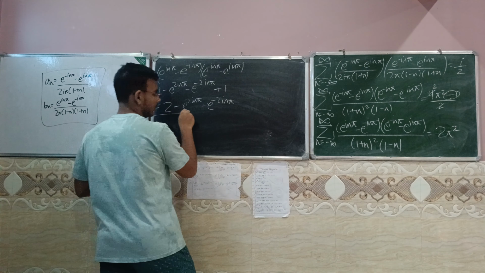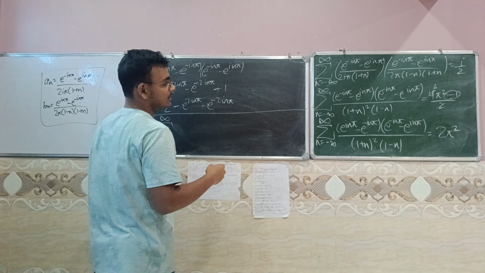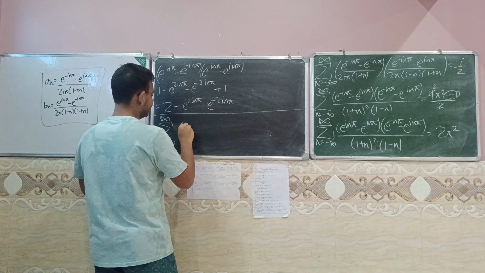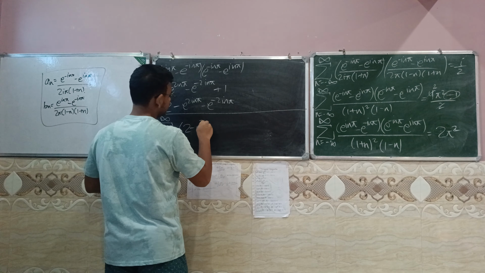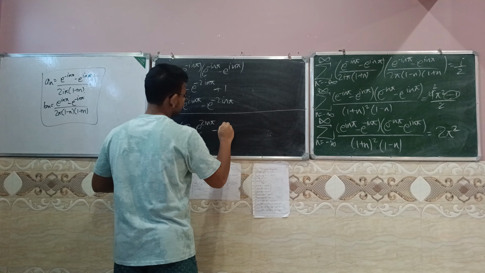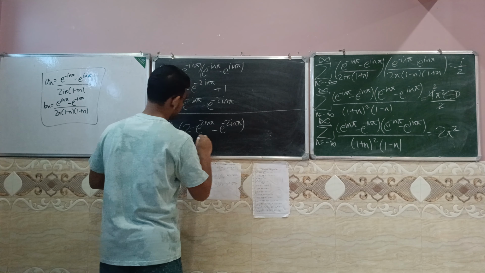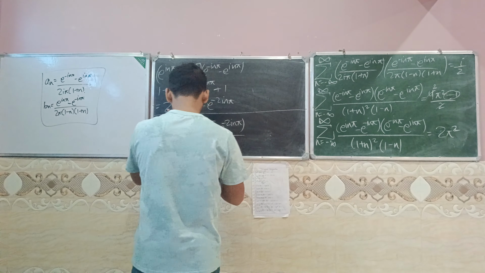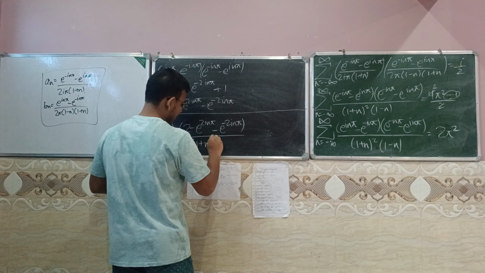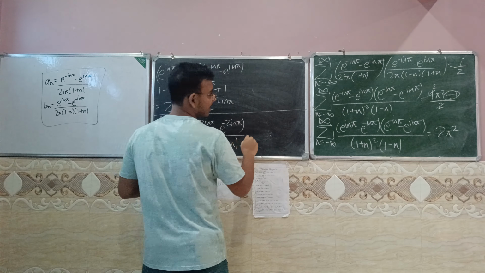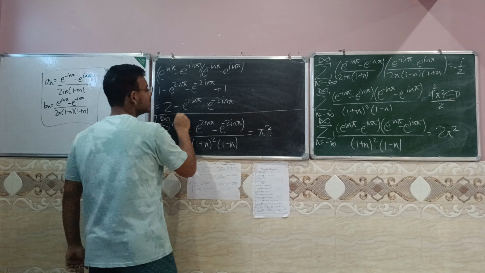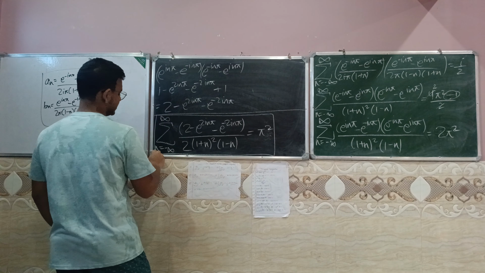So finally we are having a perfect and crazy result after solving all these things, and the numerator is going to be 2 minus e to the 2 i n pi minus e to the minus 2 i n pi, over 2, dividing that to both sides, and it's 1 plus n whole squared, and times 1 minus n equals pi squared. And just take a look at the result, guys.